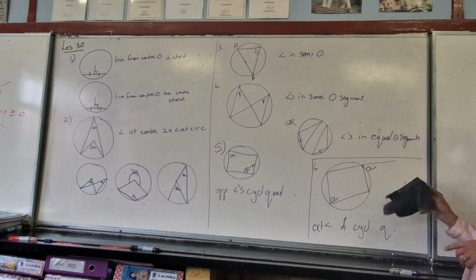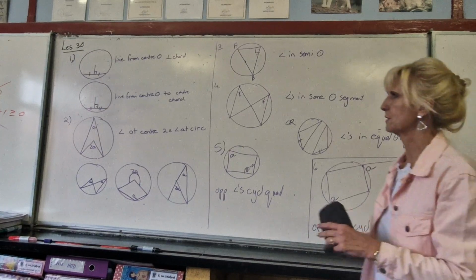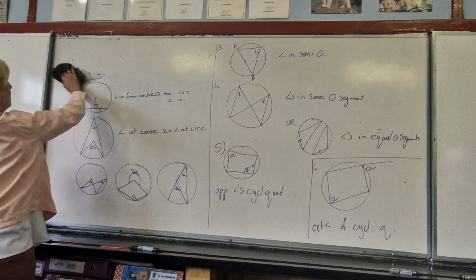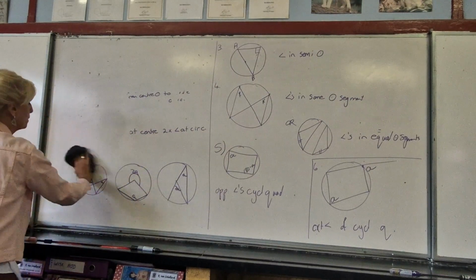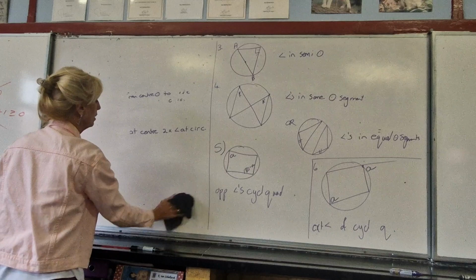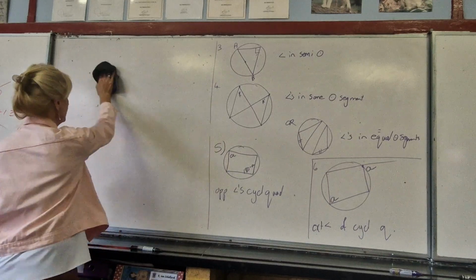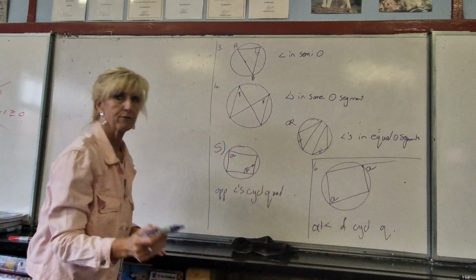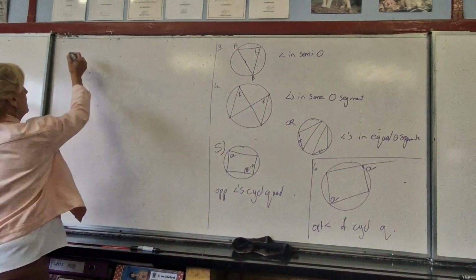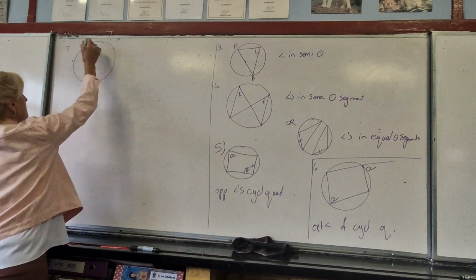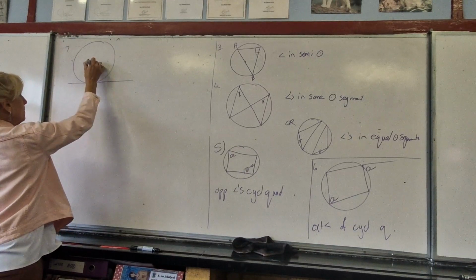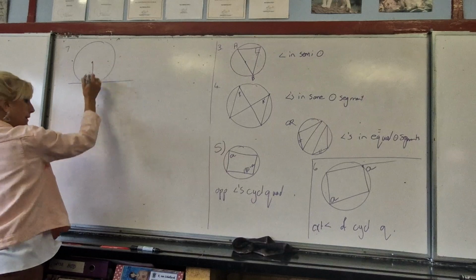Now, thinking about that, let's do it last. Let's go to number 7, 8, and 9. What are my 7, 8, and 9 theorems? All about the tangents. So if you're looking at a sum and it doesn't have a tangent in, you're not looking for theorem number 7, 8, and 9. So number 7 says there's a tangent, and you're looking at the radius.